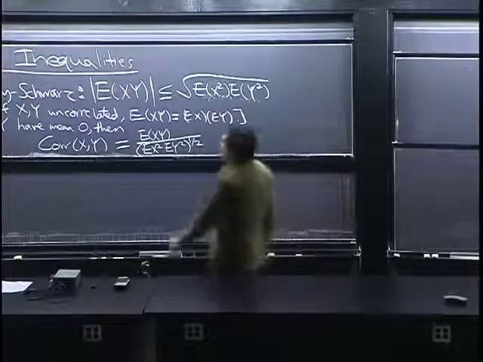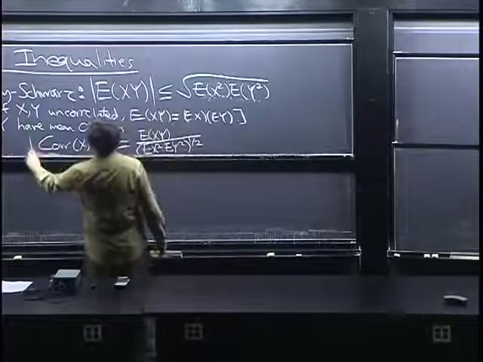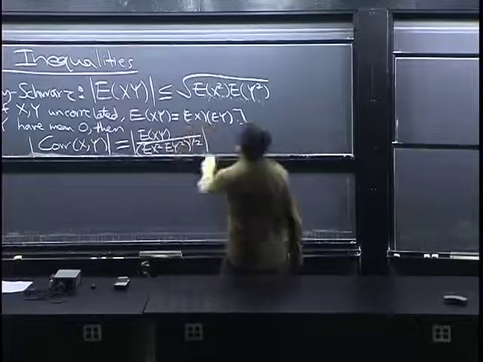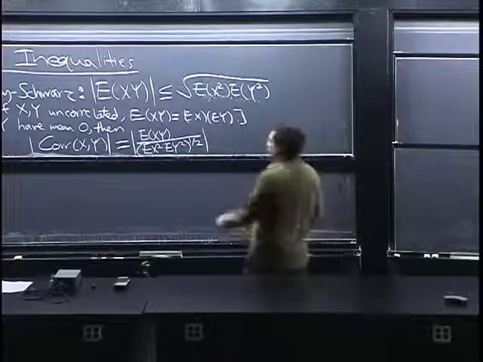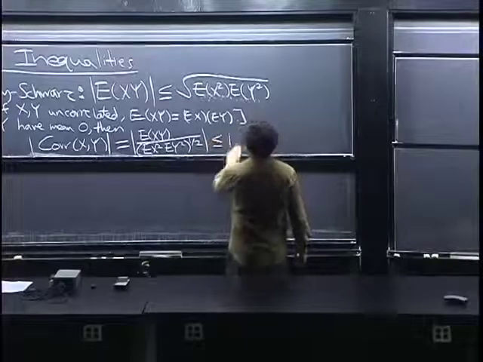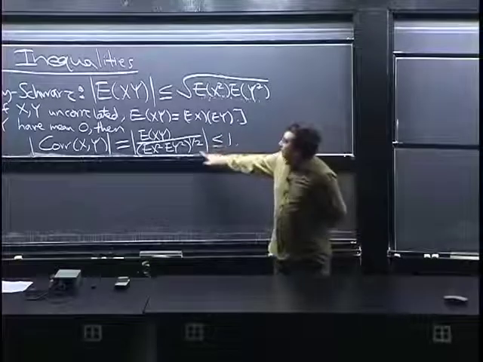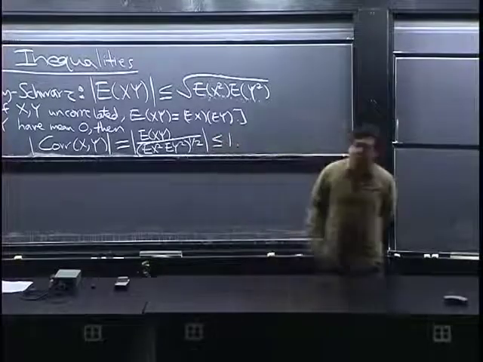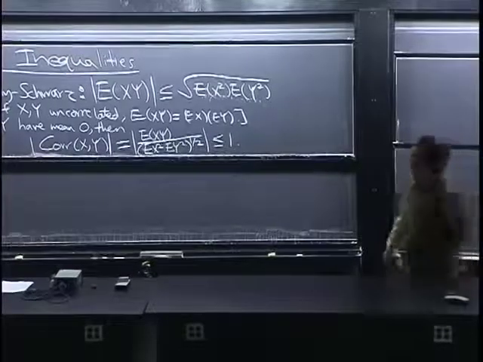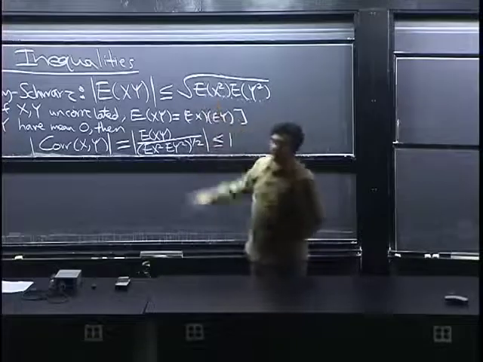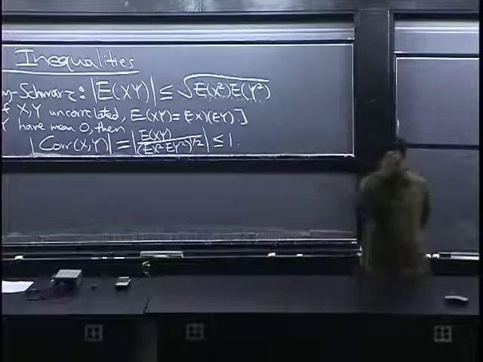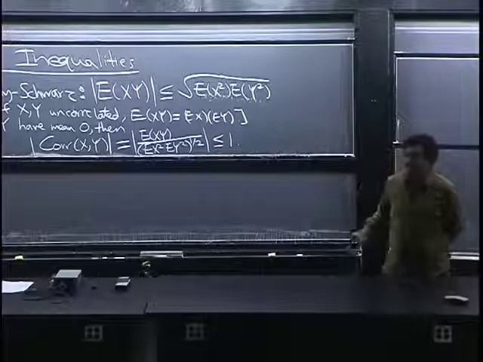And let's take the absolute value of the correlation. Well, when we introduced correlation, we proved that it's always between -1 and 1, right? So we already showed that correlation is between -1 and 1. But notice that this statement is exactly the same as the statement of Cauchy-Schwarz. Okay? So it's the same thing.